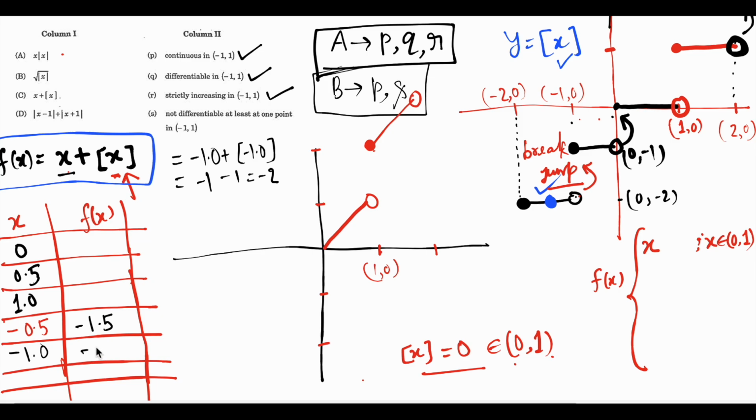We have now enough points. And so at minus 1 the f of x is giving value minus 2, and at minus 0.5 it has value minus 1.5. Okay, so now we have enough data, enough points.